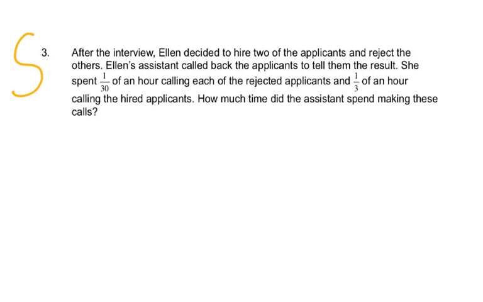So now I am going to need to translate this. We do need to know that she only hired 2 of them. So she hired 2 of them, then that means she rejected 4 of them. Ellen's assistant called back the applicants to tell them the result.